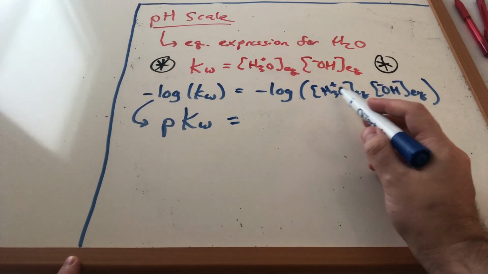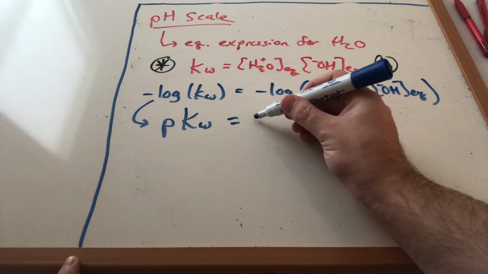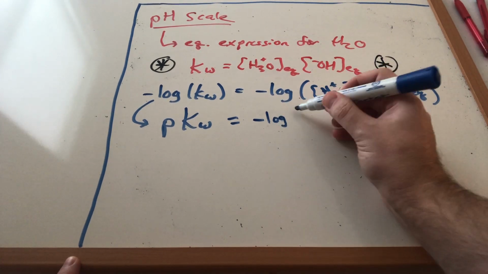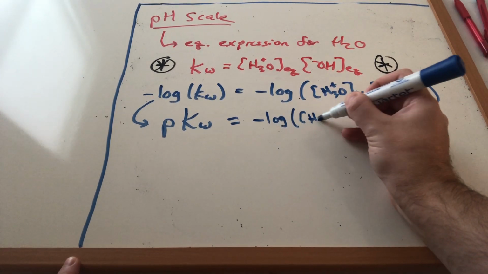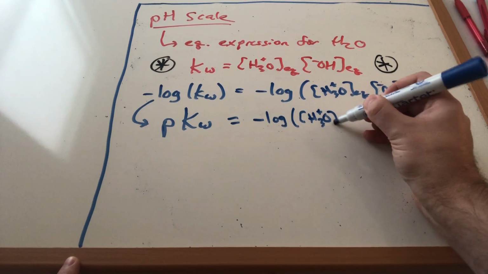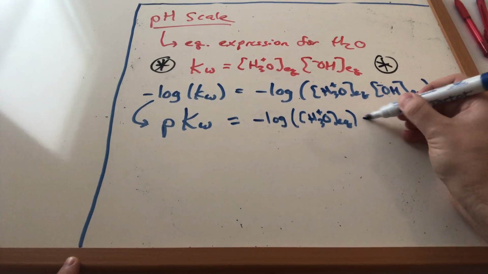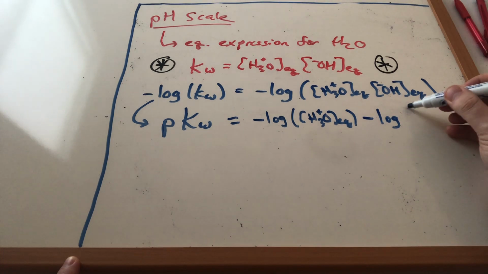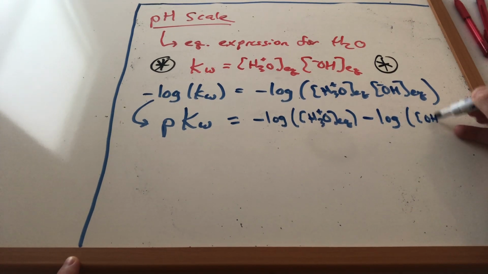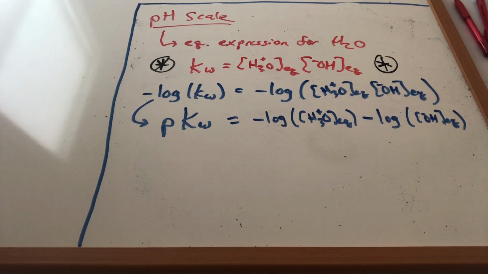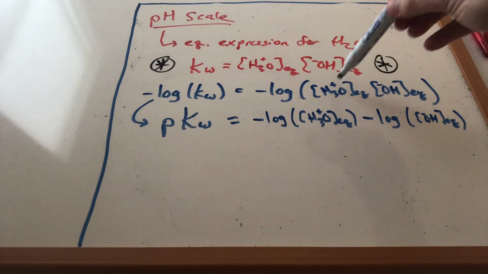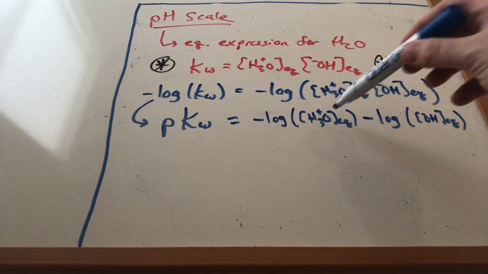Over here, I have a log with a multiplication inside, so I'm going to use some properties of logs. I'm going to break this into the negative log of H3O plus, plus the negative log of OH minus. Remember that log rule? If we have a log of two things being multiplied, we can turn it into a sum.